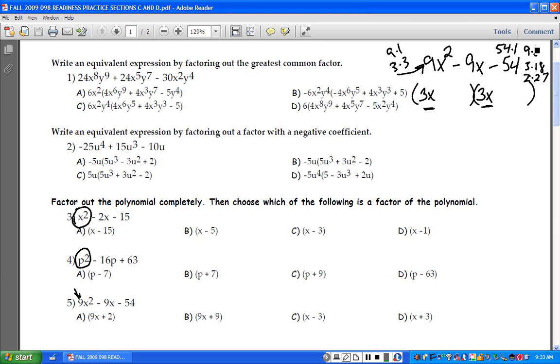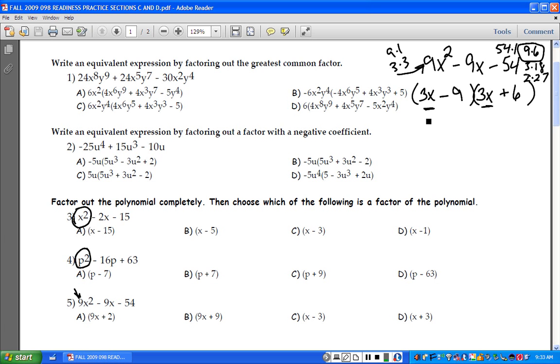But let's start off with what I figure to be the more common set of factors, which is our 9 and our 6. So we want a negative 54, so we can try negative 9 times a positive 6. We know in order to get a negative 54, one of the two factors has to be negative and the other has to be positive.